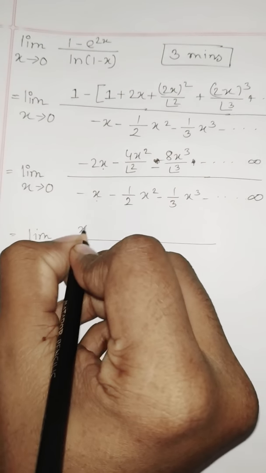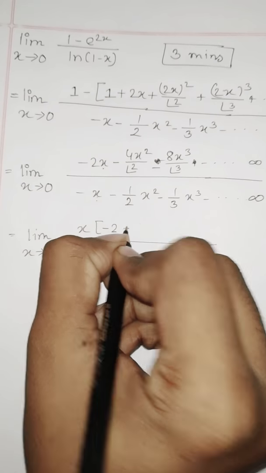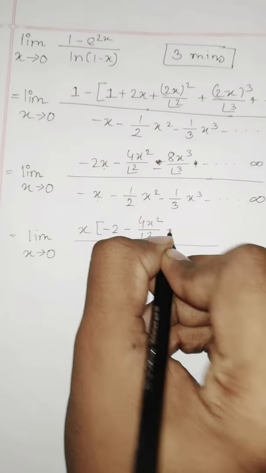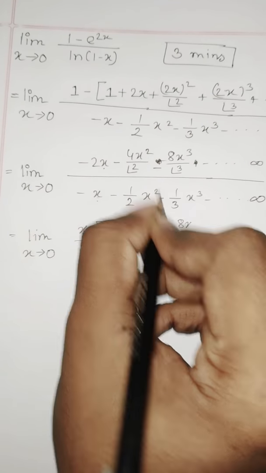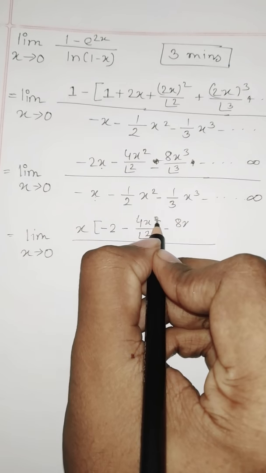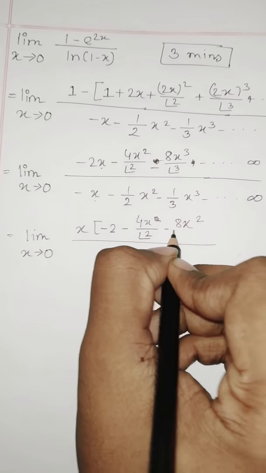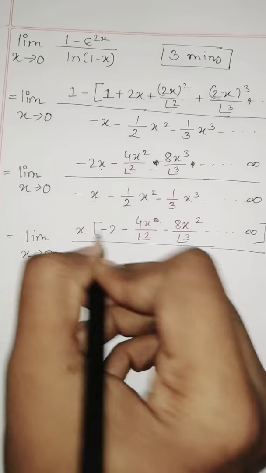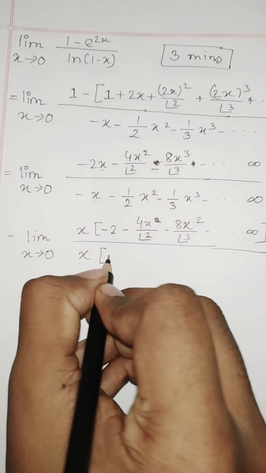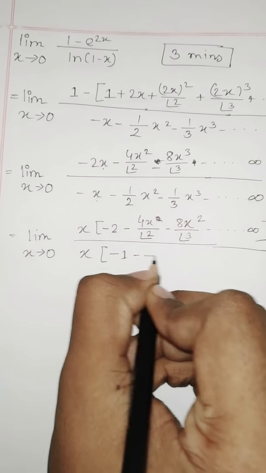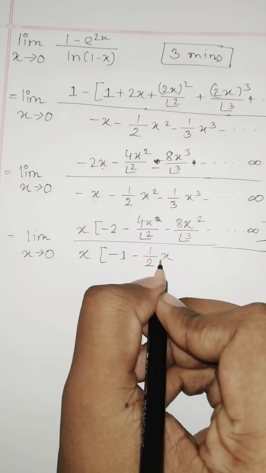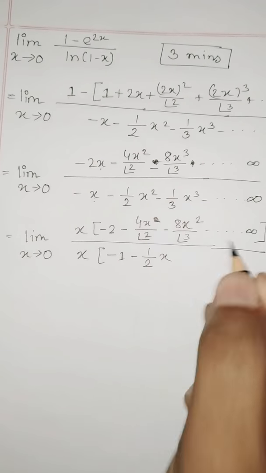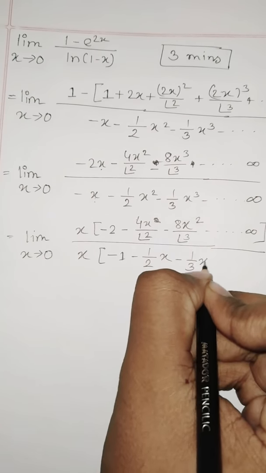In the first term, taking x common, we will have minus 2 minus 4x by factorial 2 minus 8x square by factorial 3, and so on. In the lower end, with x common, we have minus 1, then minus half into x. If we calculate, if we reassign by multiplying with x, then we will find the same value.